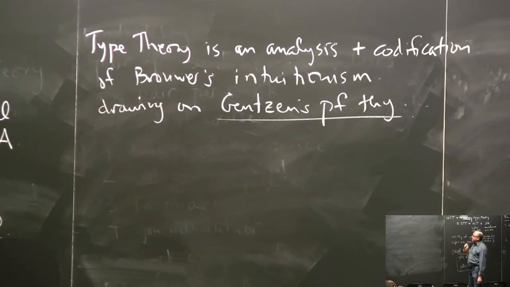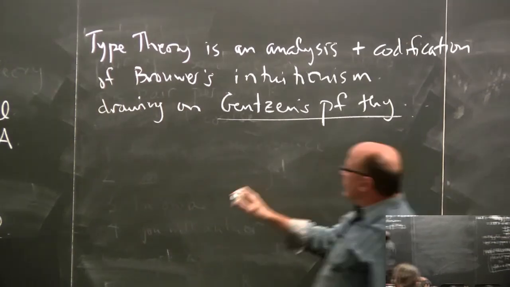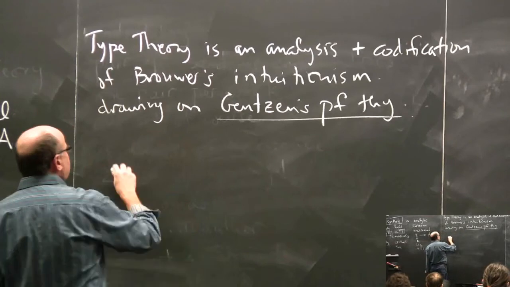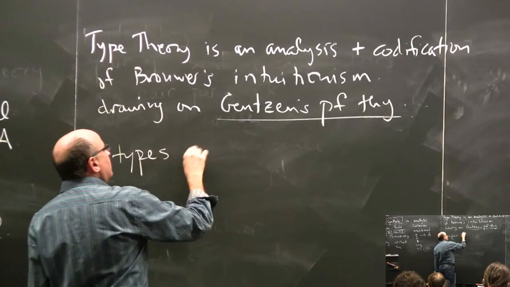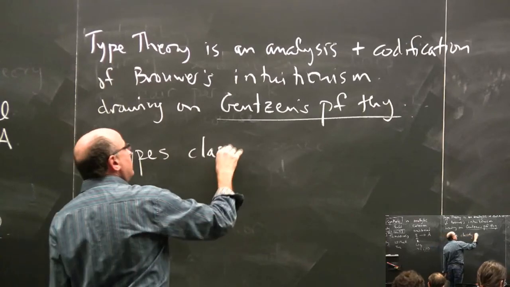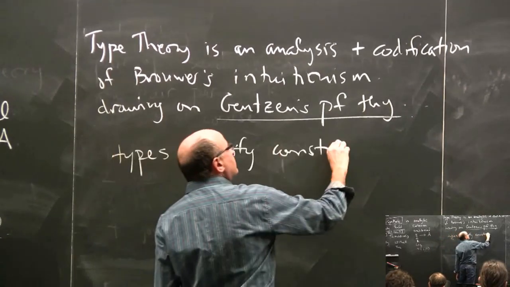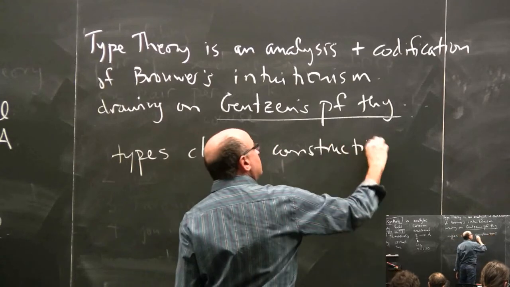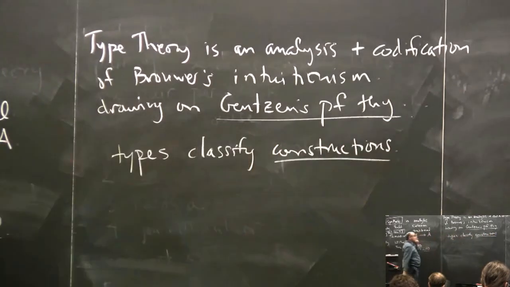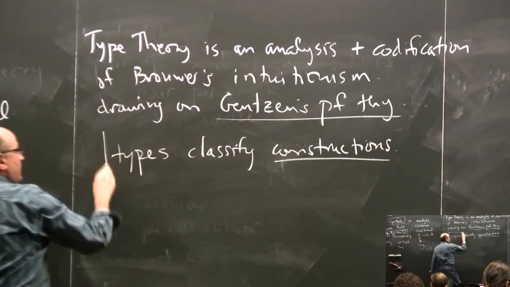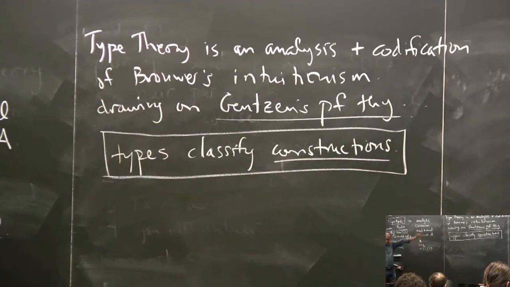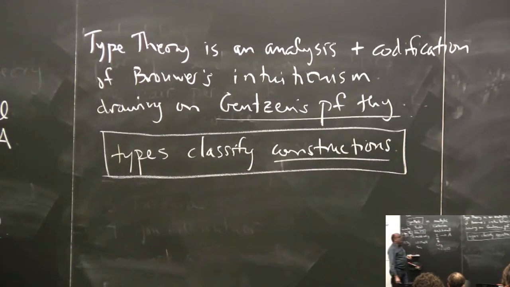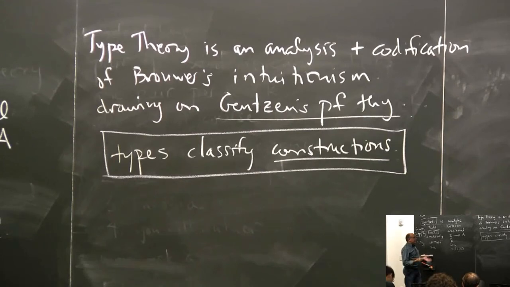So this is where this goes. And the idea is, what you want to do is systematize. You want to say that there is a notion of type, and types classify what are the admissible forms of construction. That's the whole idea. So the whole organization is that Brouwer wanted us to base the idea of mathematics on the idea of a construction.